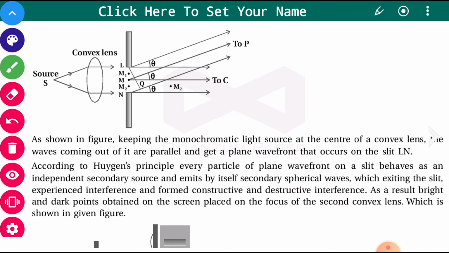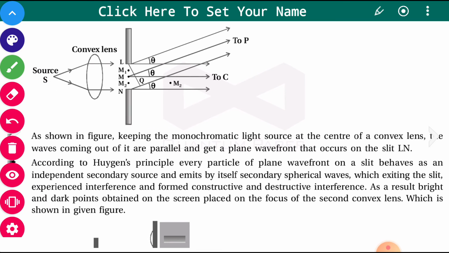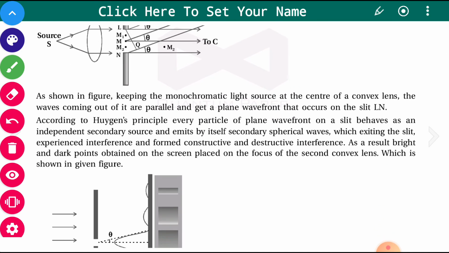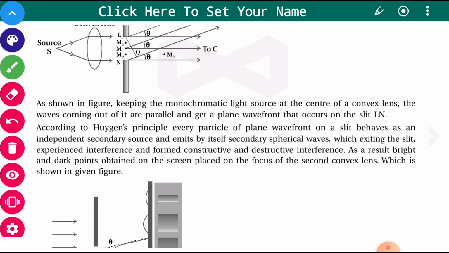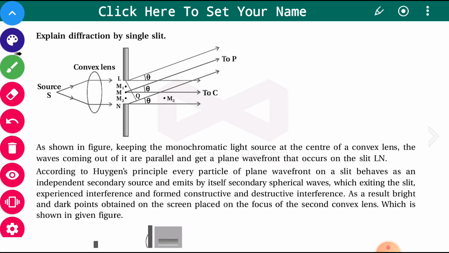As shown in this figure, we are using a monochromatic source of light. Now, what is a monochromatic source of light? The light which has only one wavelength, a single wavelength, is called a monochromatic source of light. We keep it at the center of the convex lens, at the focus.